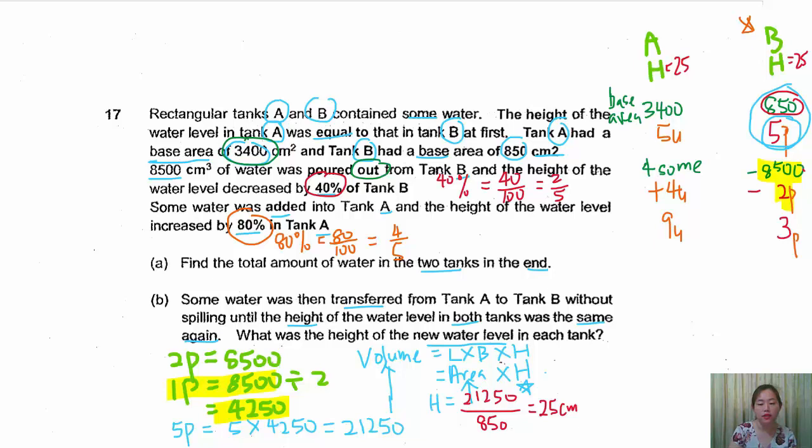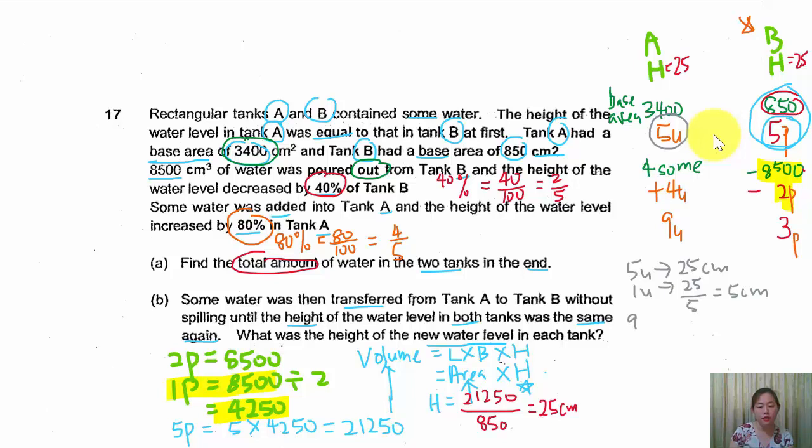Now that we know that the height is 25 cm for both, we can now find the total amount of water in the tank in the end. Since 5 units of water in tank A is represented by 25 cm, therefore 1 unit will represent 25 divided by 5, which is equals to 5 cm.